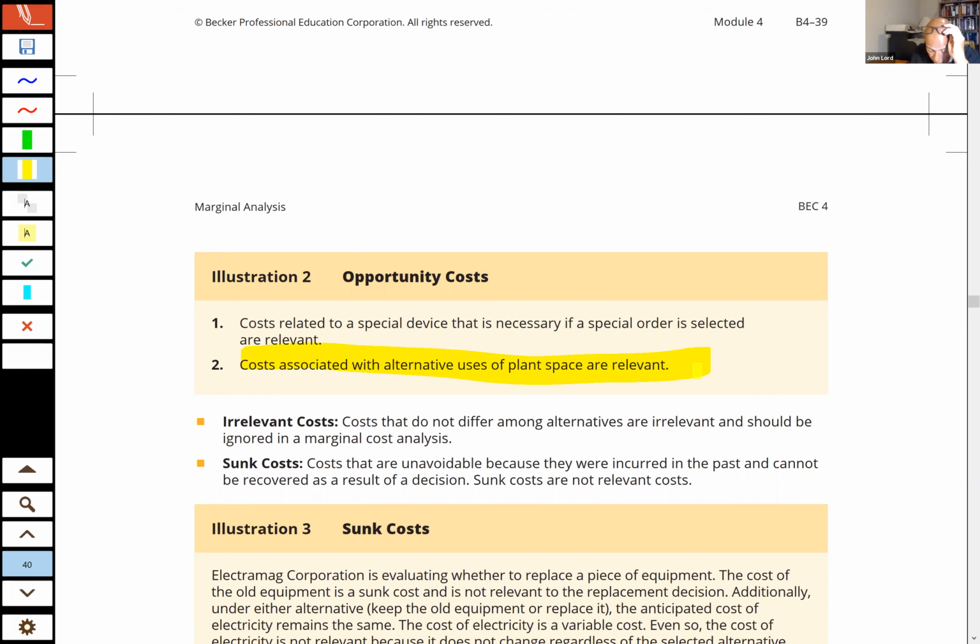Now, sunk costs are unavoidable because they were incurred in the past and cannot be recovered. So what happens? Let's say a movie star, a director of films, comes to you and says, you're the person I'm looking for to be my next action hero, and I'm going to pay you $5 million per film, whatever, 10 million, $50 million per film.